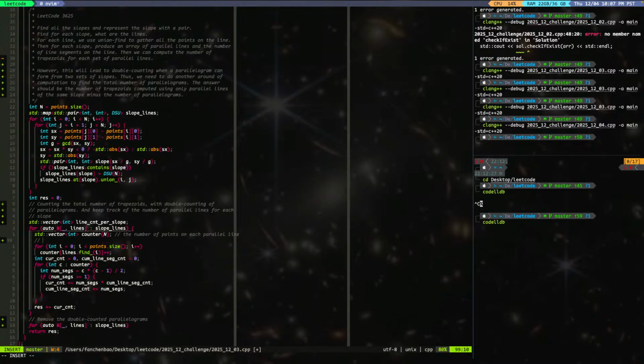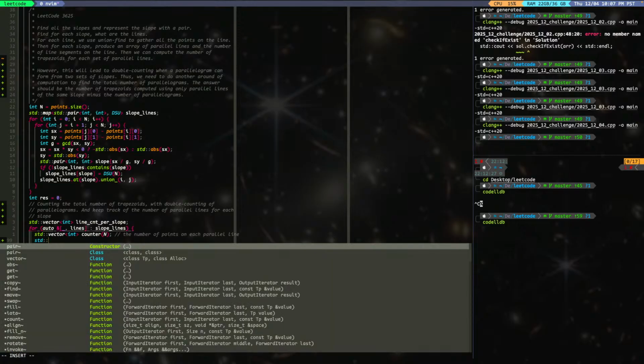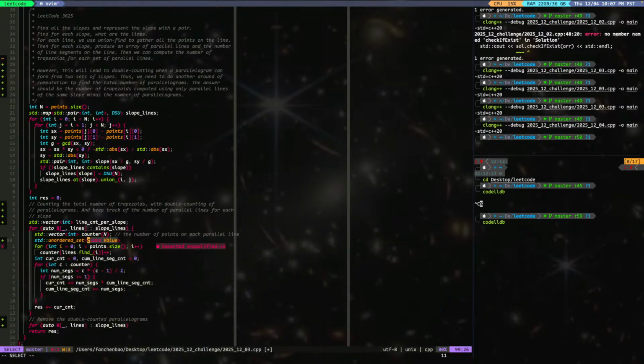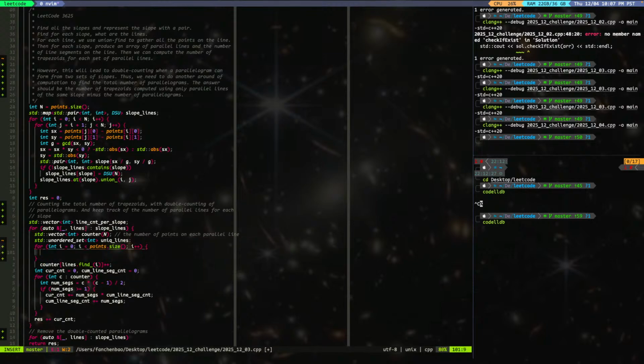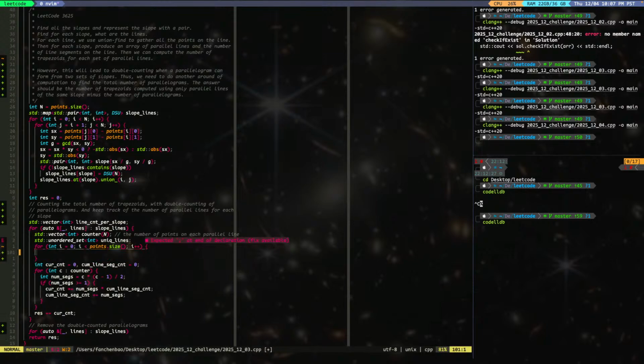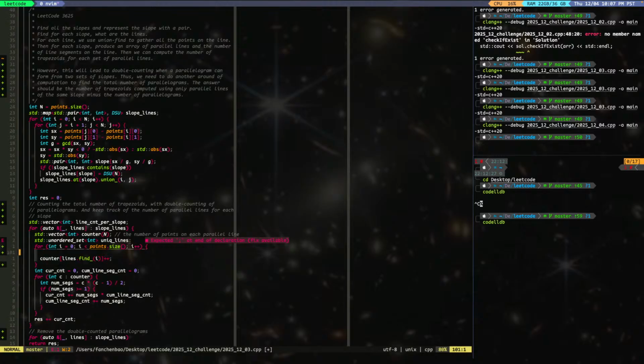Right, so what I can do is I'll set up an unordered set of int. So this is the unique lines, and then I mean technically I should go through parent, but it's okay.